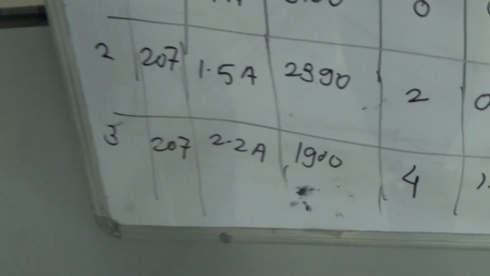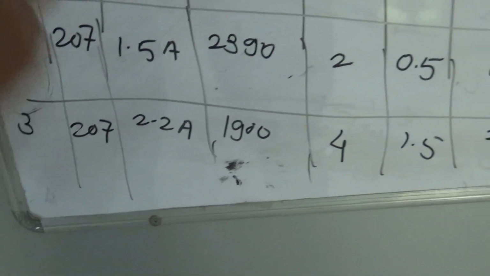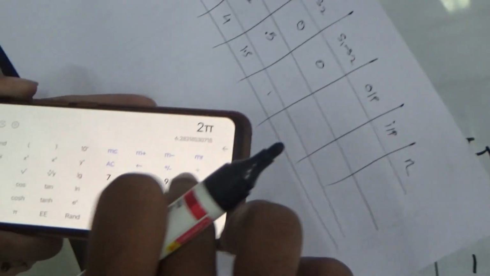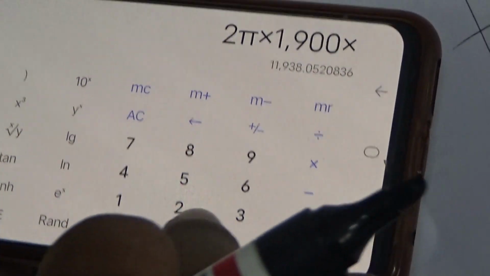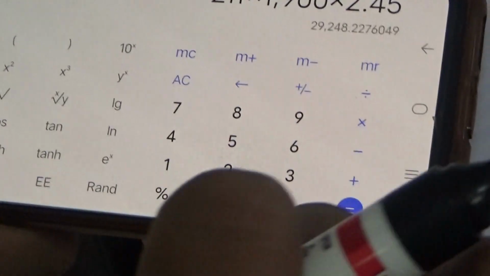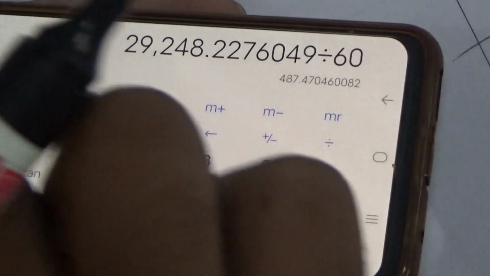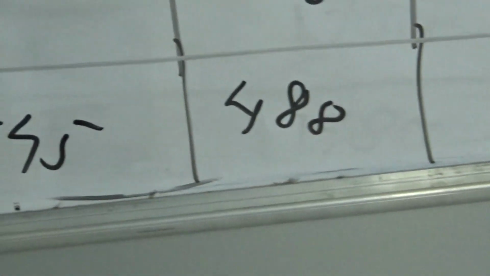Then for this one we will calculate 2 pi into 1900 into 2.45 divided by 60, so that is 488. I am taking little bit round figures.